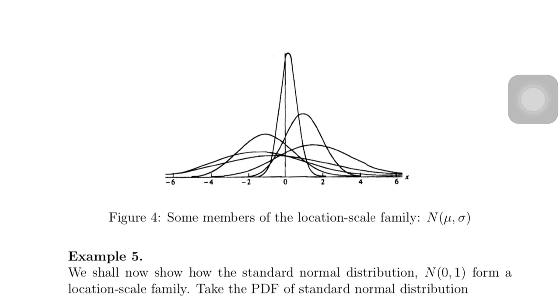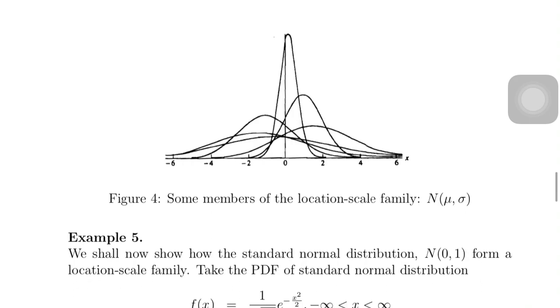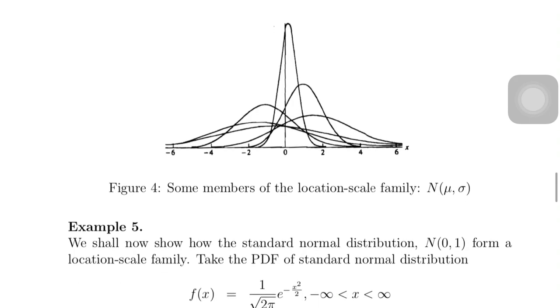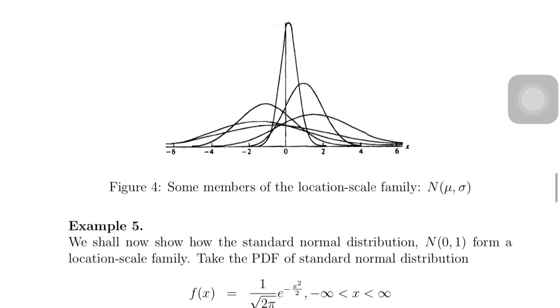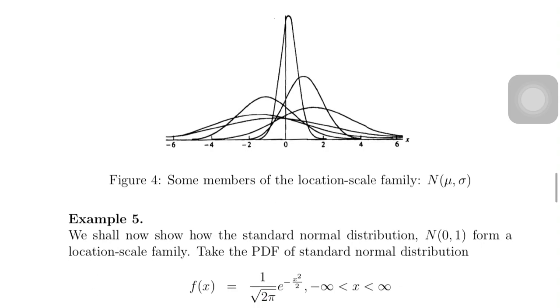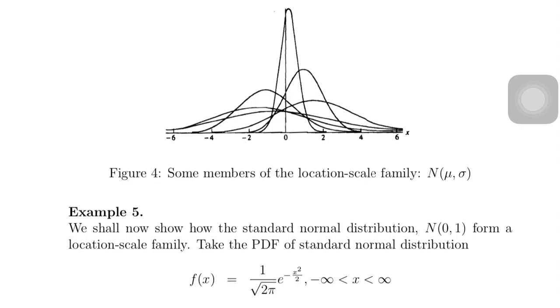Okay, as a summary, you can see that you can either shift the curve without changing the shape of the curve, either rightwards or leftwards, or sometimes you can stretch the curve or contract the curve. Sometimes you can do both in such a family, where the family is called location scale family of distributions.